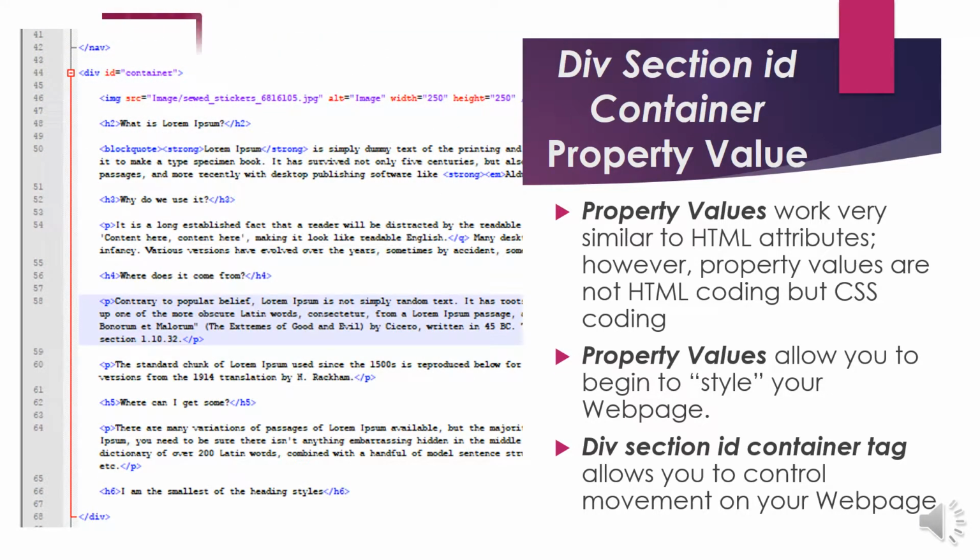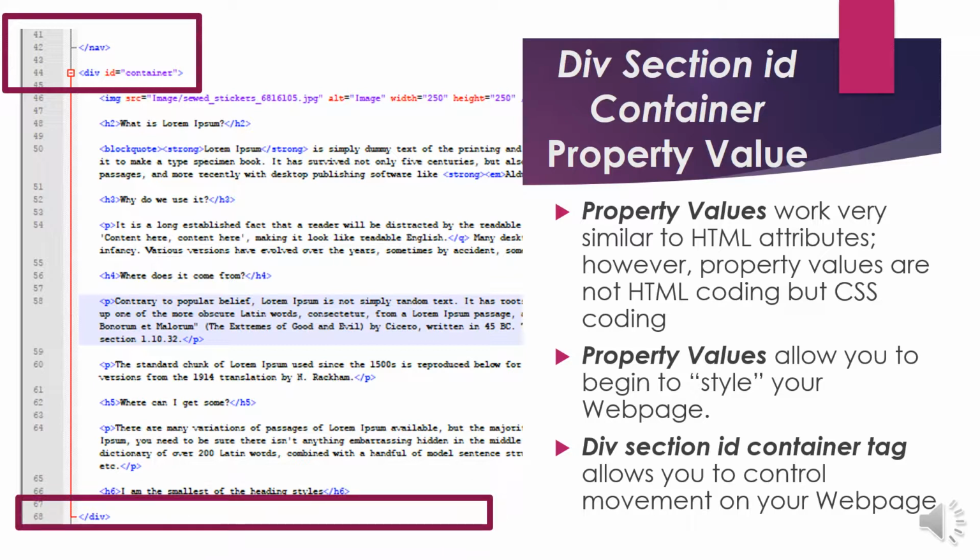If we look at this example, following the closing nav tag, we are going to set up our first div tag. And this div tag is on line 44. We will start with a left angle, type in div, and then we'll do our property value, ID equals, and then the property name, which will be container, put in quotation marks, followed by a right angle.